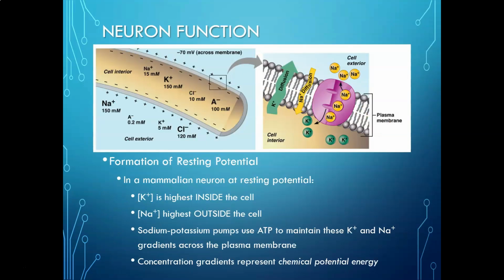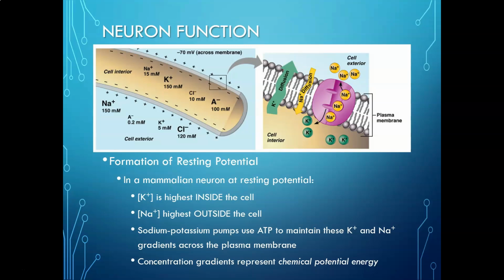So first off, as soon as a neuron sends a signal, we have to return it back to its baseline, or form this resting potential. So how does it happen in our cells? What we look at in a mammalian neuron that is at a resting potential, we're really dealing with the concentration of two ions, your sodium and your potassium.